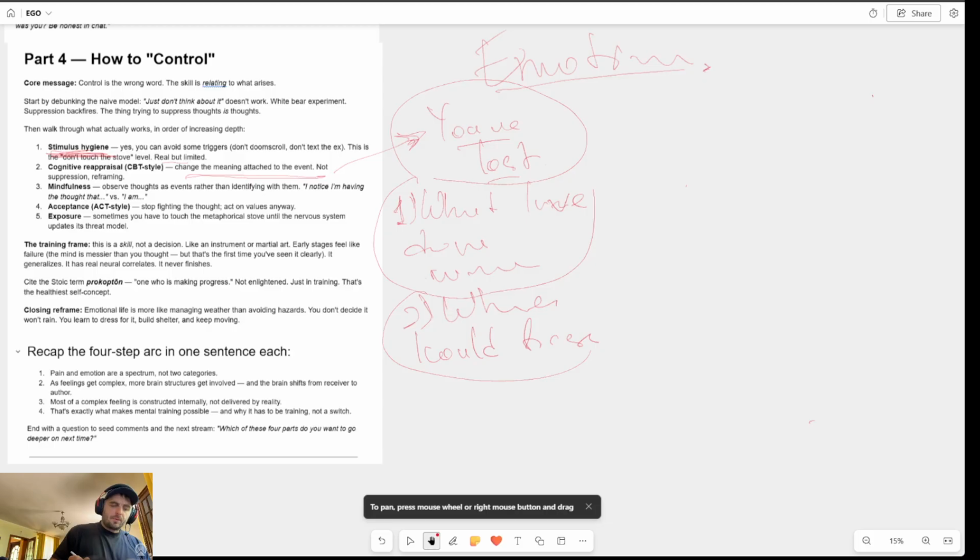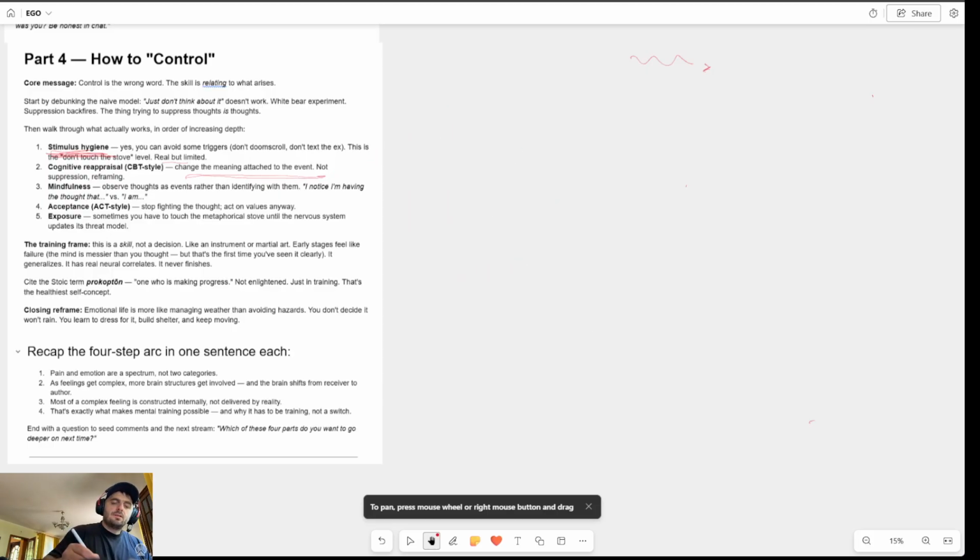Then another important part is mindfulness. Mindfulness, as I call it, is, for example, when your agent is feeling anger, right? So it pushes you to react.